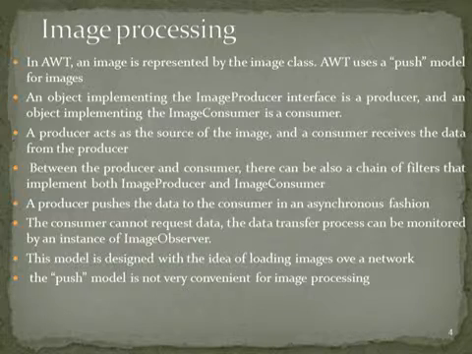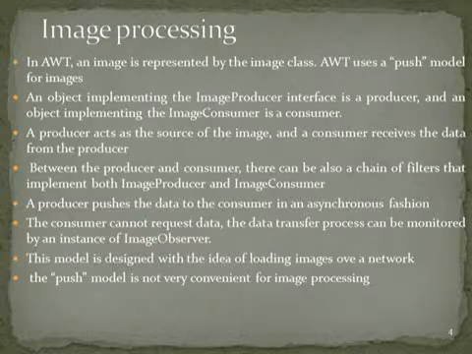An object implementing the ImageProducer interface is a producer, and an object implementing ImageConsumer is a consumer. A producer acts as the source of the image, and a consumer receives the data from a producer. Between a producer and a consumer, there can also be a chain of filters that implement both ImageProducer and ImageConsumer.